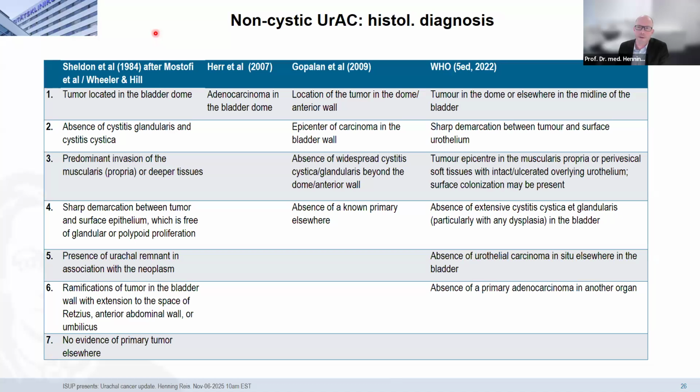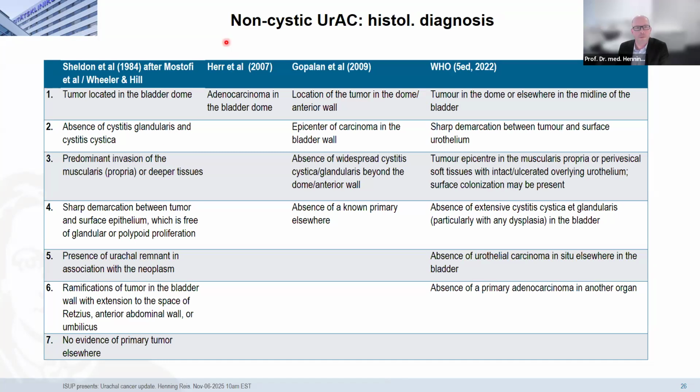In the course of time, as we learned more about urachal cancer, these systems were found to be too strict, especially because of the mandatory presence of a urachal remnant. As I already said, at maximum roughly two-thirds of clinically validated cases have urachal remnants, and also because of the exclusion of cystitis glandularis or cystitis cystica.